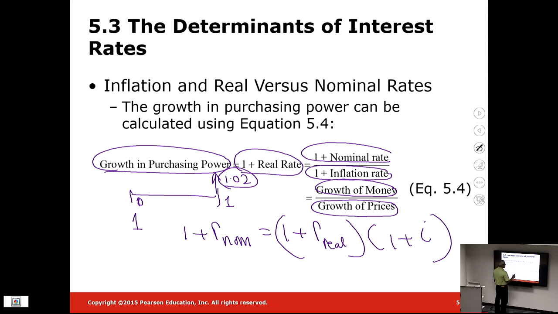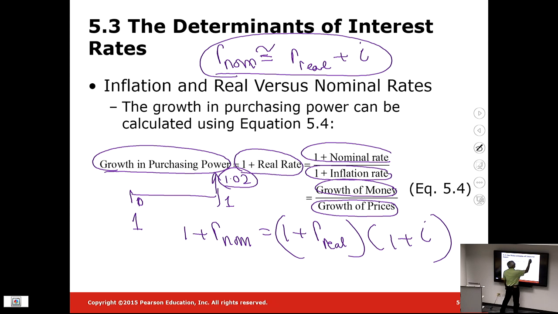For very small numbers, if nominal, real, and inflation are small numbers, then we could write that the nominal interest rate is approximately equal to the real interest rate plus inflation, but this is an approximation.